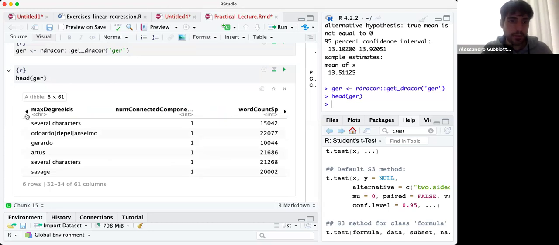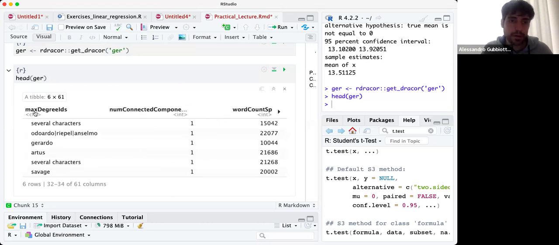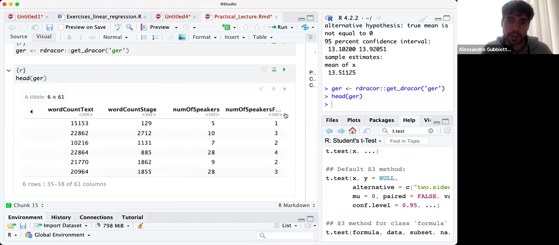And yes, there is the number of words, which can be a measure for the length.